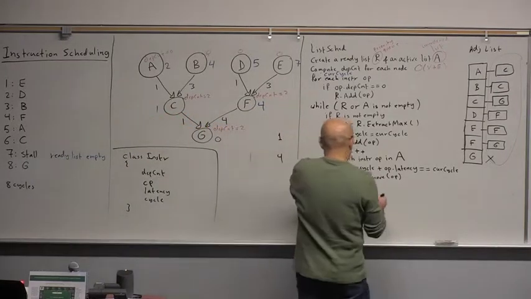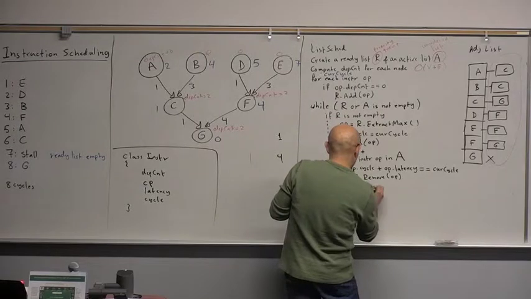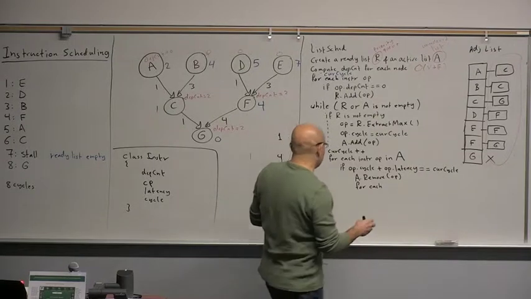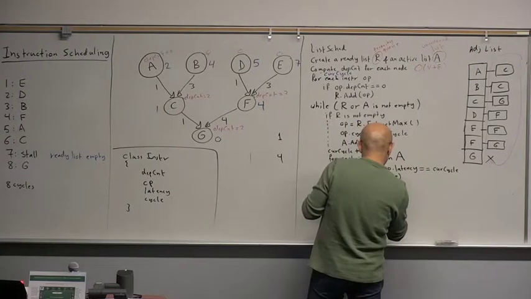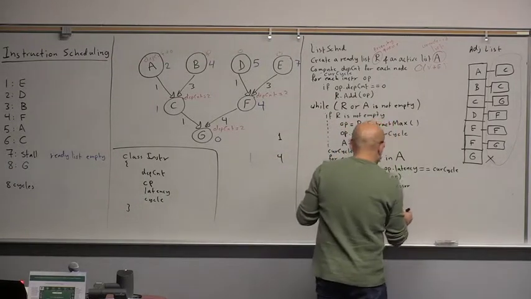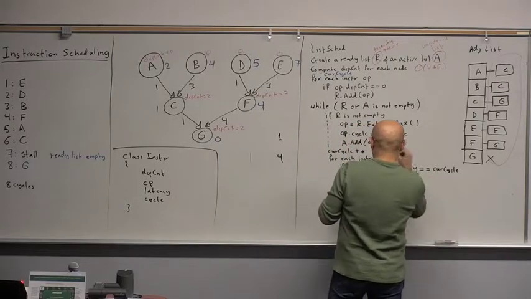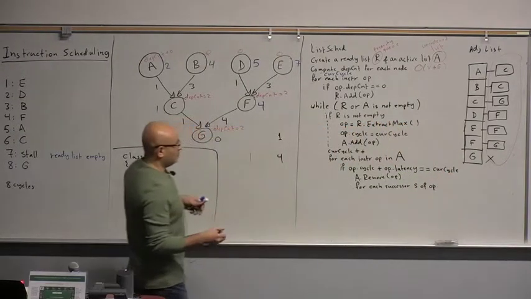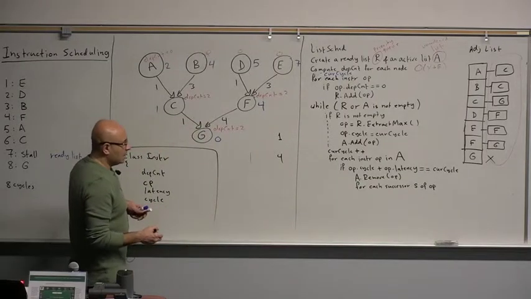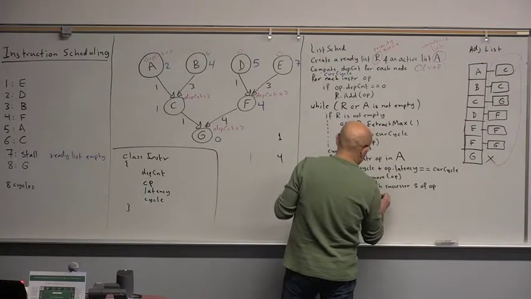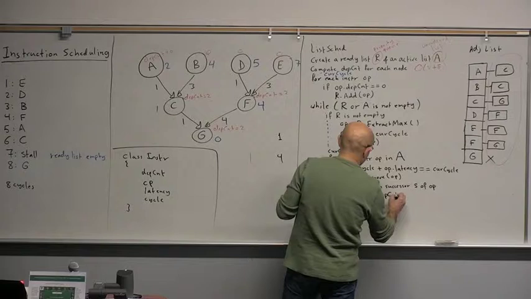So we have to go through its dependence. So now, for each successor, let's call it successor. For each successor S of op, we do S dot what? Depth count minus minus.